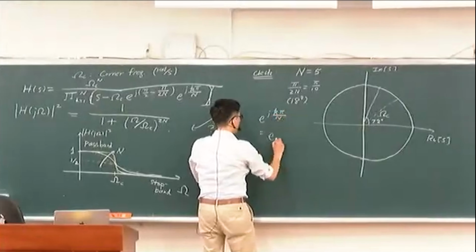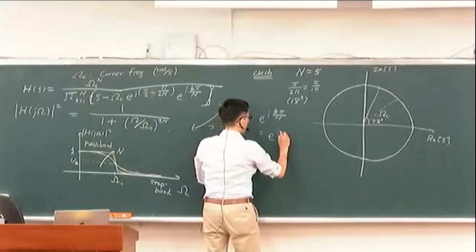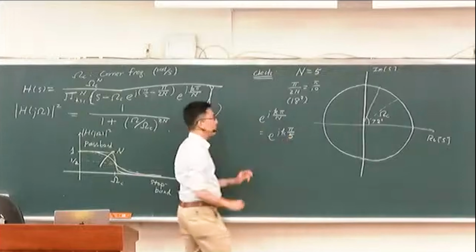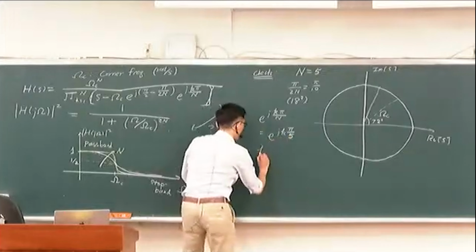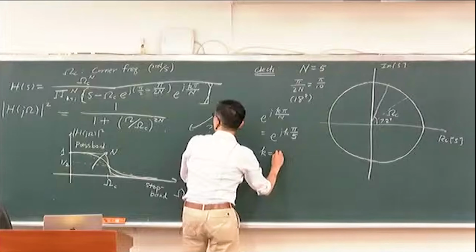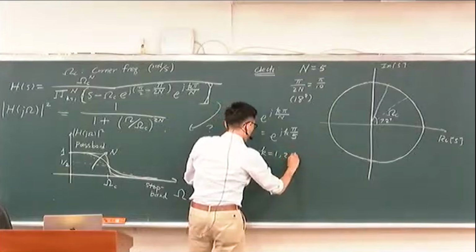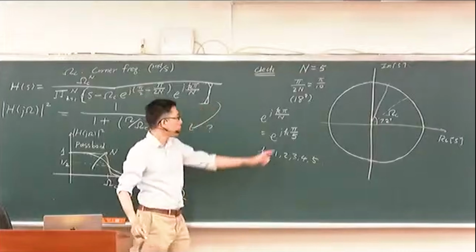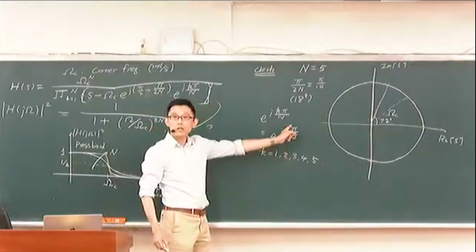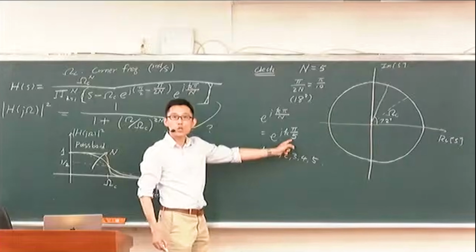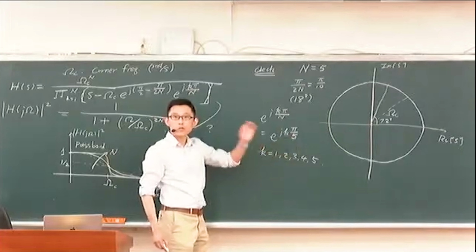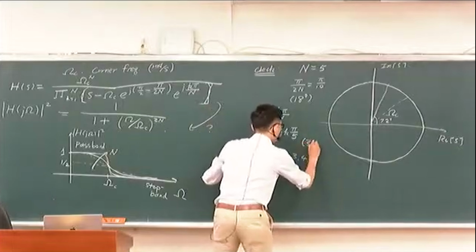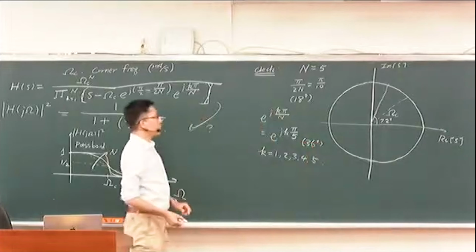So that's e to the j k times pi divided by 5, with k being what? 1, 2, 3, 4, or 5, right? And we know what pi divided by 5 is. Pi divided by 5 is how many degrees? 36 degrees, okay? So this is 36 degrees. Okay, so we are ready.